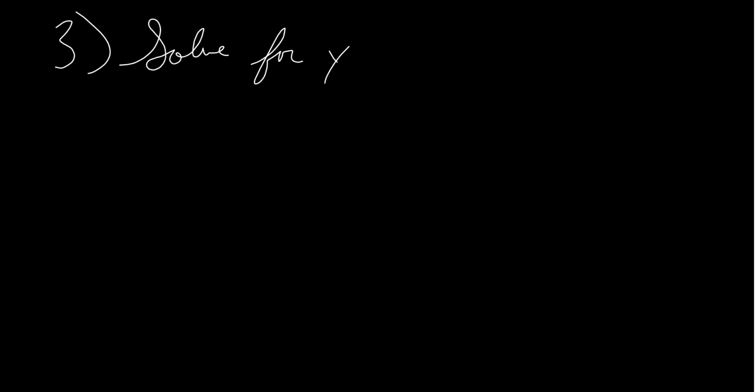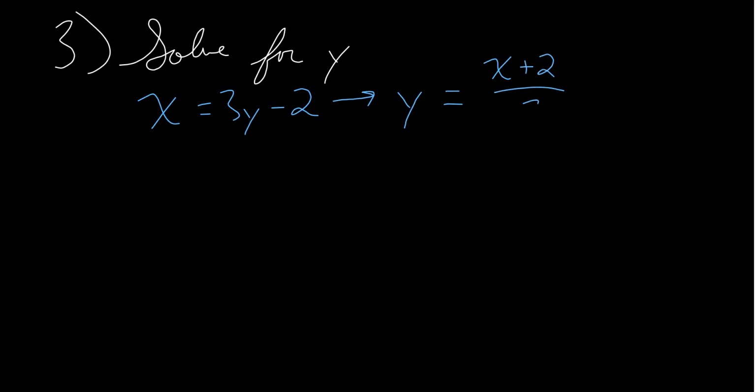Let's just write it out. We went from x equals 3y minus 2. If I were to solve this for y, like I wrote, we're going to add 2 and divide by 3. So it's going to be x plus 2 divided by 3. So y is equal to x plus 2 divided by 3.